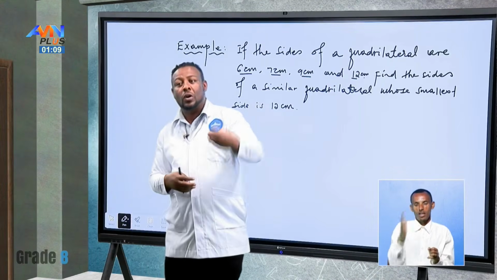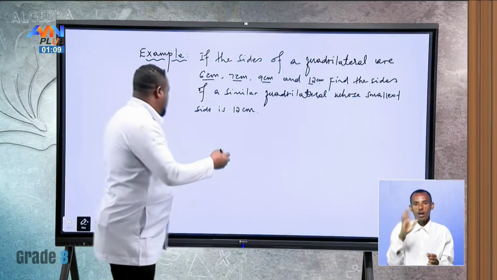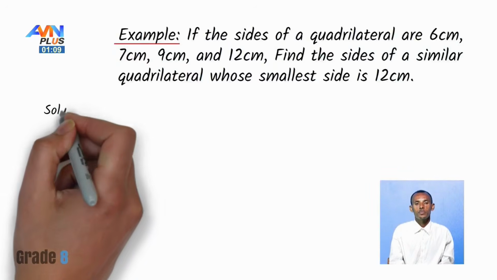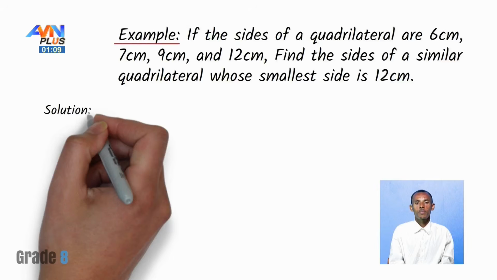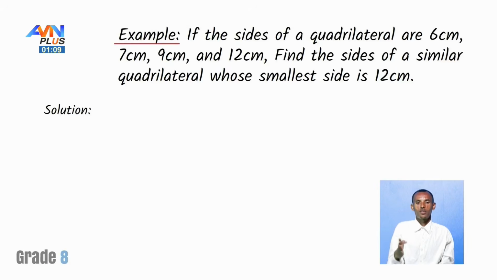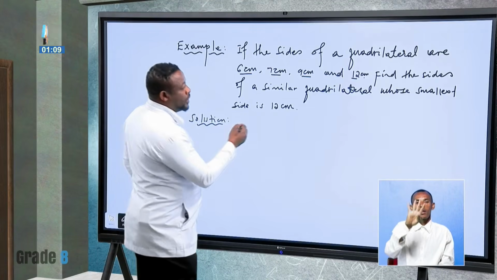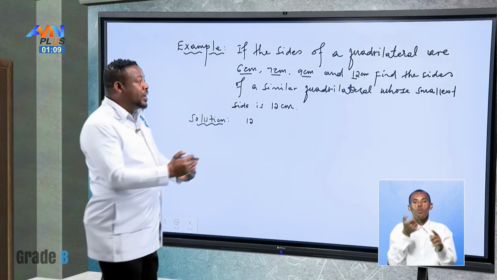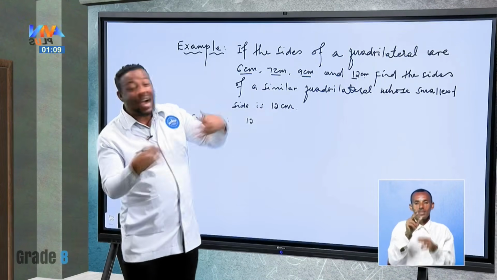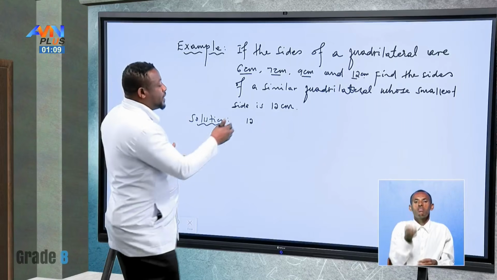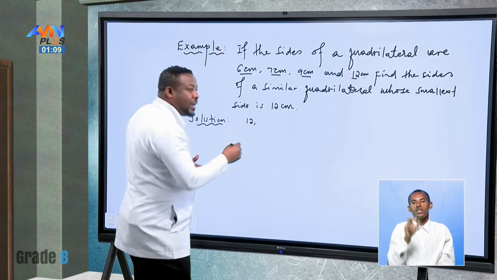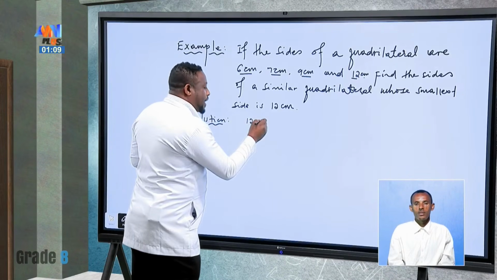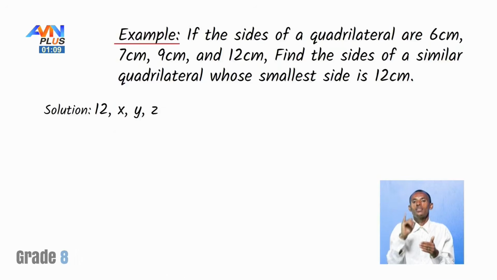Okay, say the sides of the quadrilateral are 12 centimeter. Let us start from the smallest side. The smallest side of the unknown quadrilateral is given. Say the smallest one is 12. The next unknowns are x, y, z.